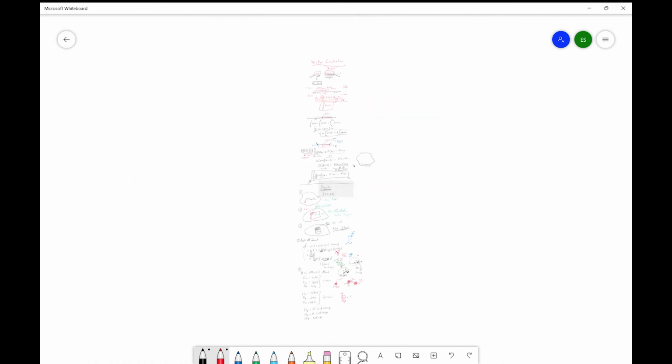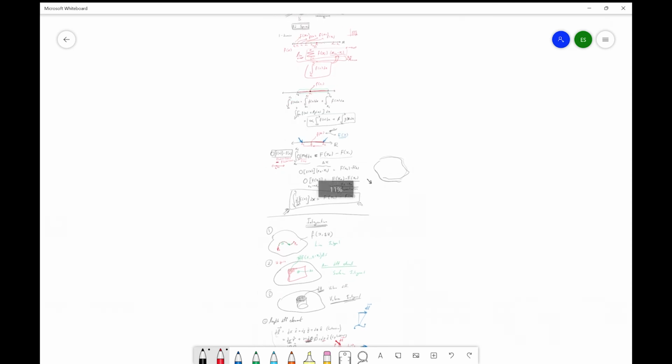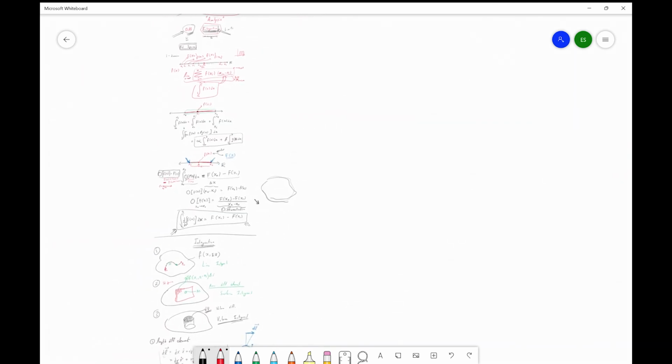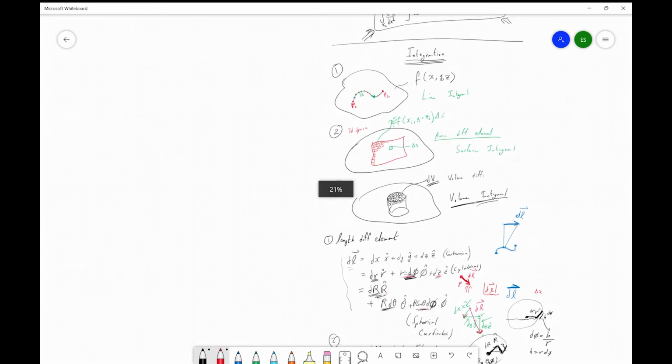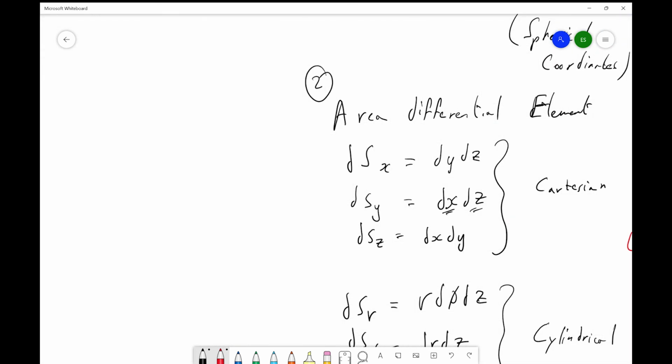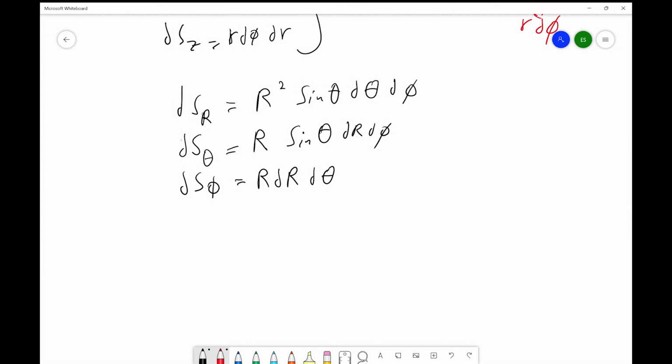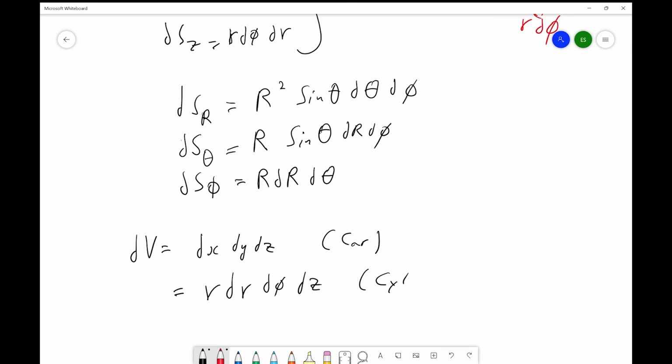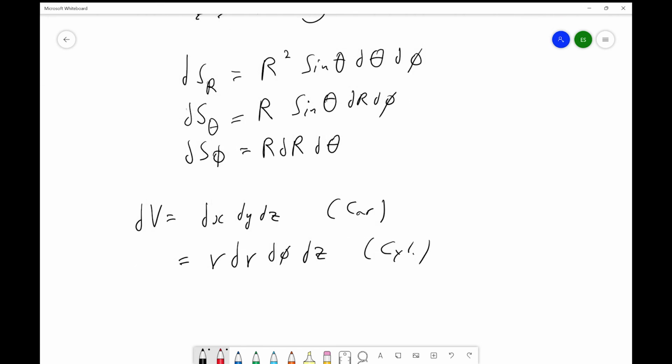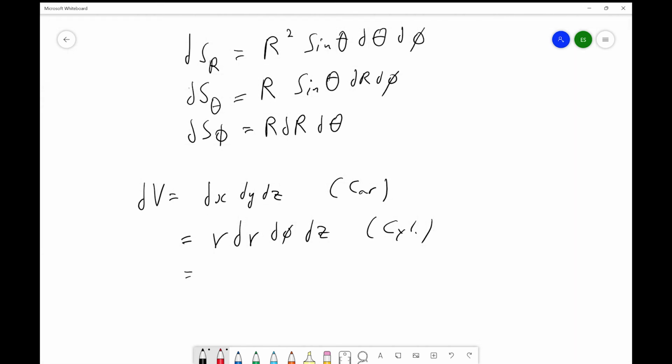Finally, the volume element, you guessed it, you just multiply the three linear elements together. So the volume differential element, dV, is simply dx dy dz in Cartesian. In cylindrical, it's going to be r dr d phi dz. I just multiplied all the length elements together.